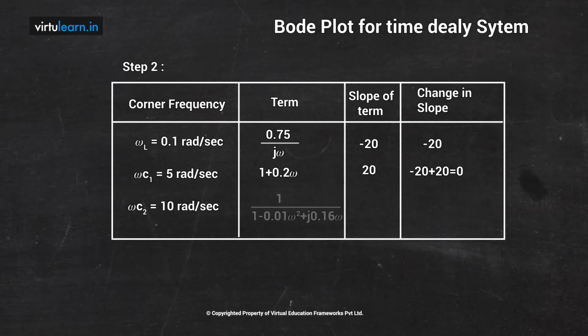Quadratic means second order, therefore I need to take minus 40. Already I have 0, 0 minus 40 is going to be minus 40. So the initial slope is minus 20, then 0 dB per decade, then minus 40 dB per decade, and from this table we can find the M dB values for all the frequencies.